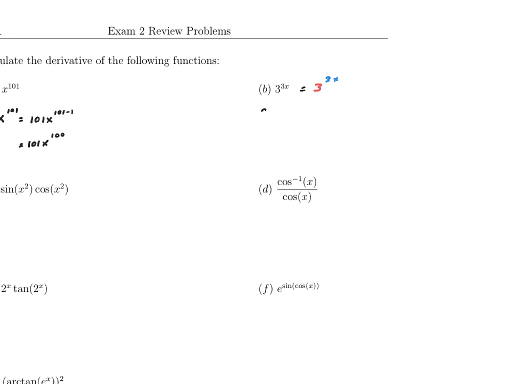So when I take the derivative of 3 to the 3x, the derivative of the outside is going to be 3 to the whatever times the natural log of 3. But on the inside, I'm going to put 3x, and don't forget by the chain rule I have to take the derivative of that inside, which is 3. And that's our answer.